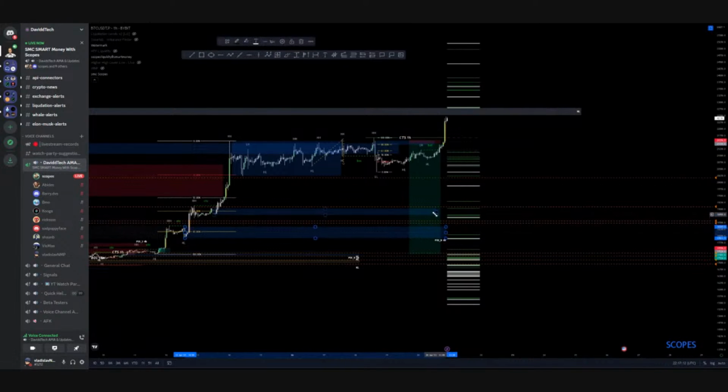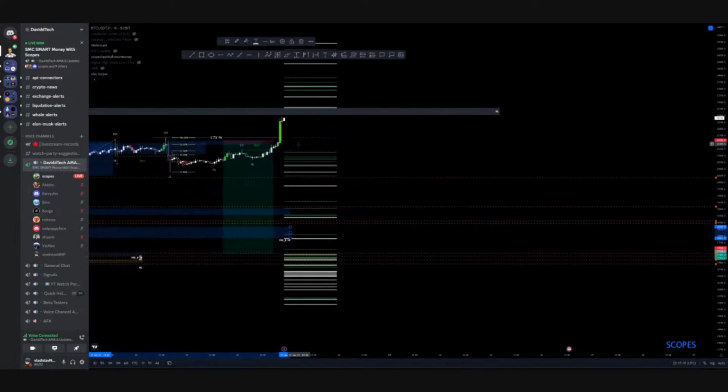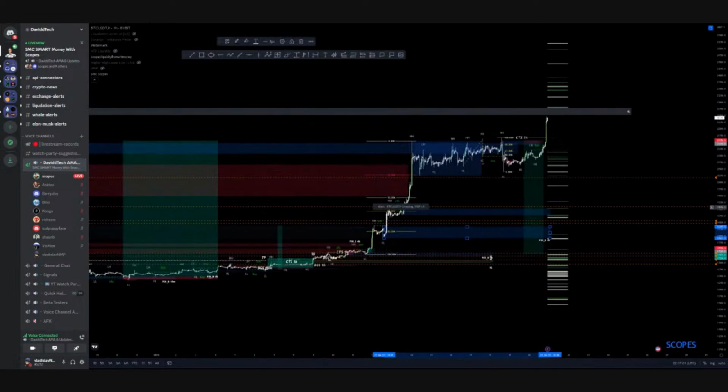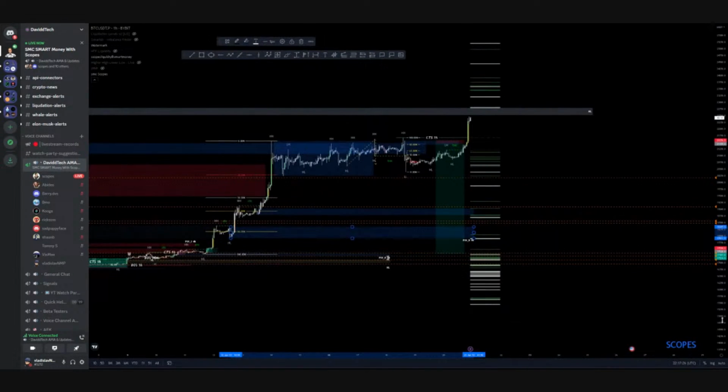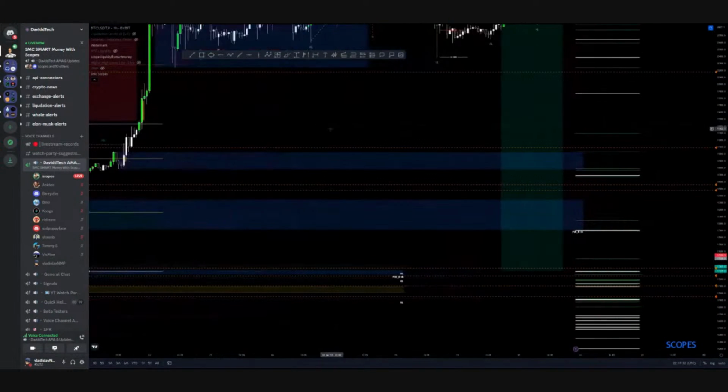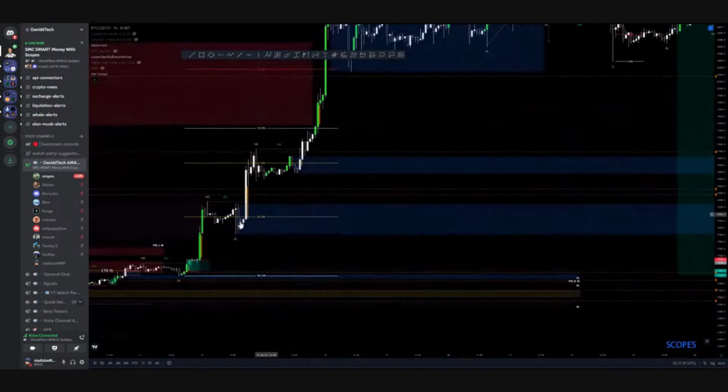If I can get in a short, I'd be holding the shorts at least down to the, which is far compared to what we've done. Quite a lot to fill, quite a lot of imbalance. So everything's got massive imbalances to fill.